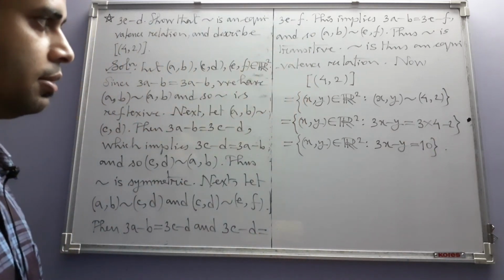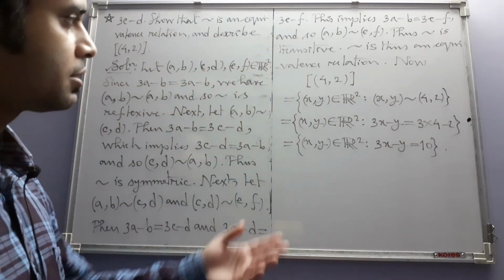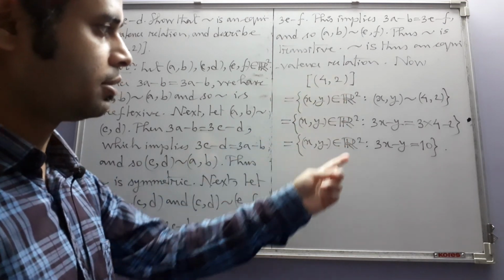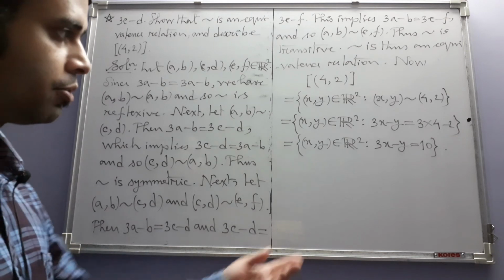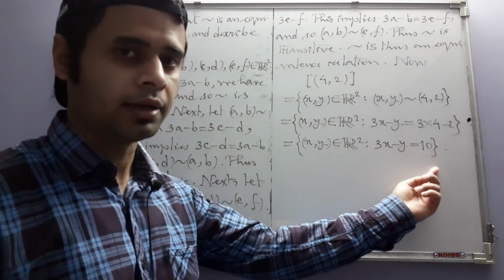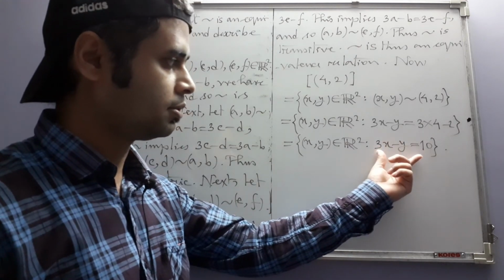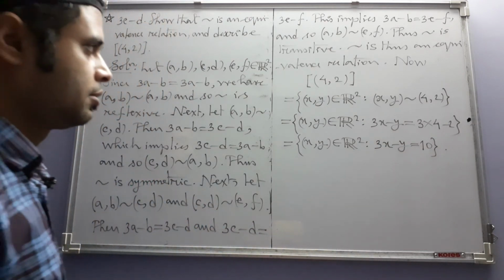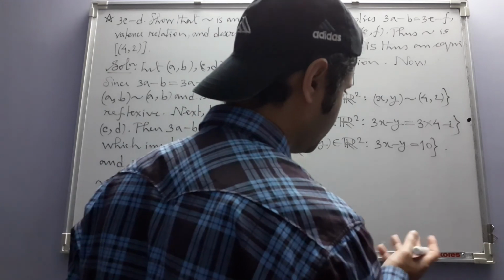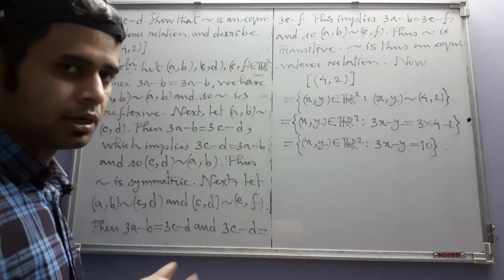So you can see that the equivalence class that contains this point actually is the set of all points on this straight line. You know that geometrically this equation represents a straight line in the plane. So the equivalence class turns out to be a straight line.